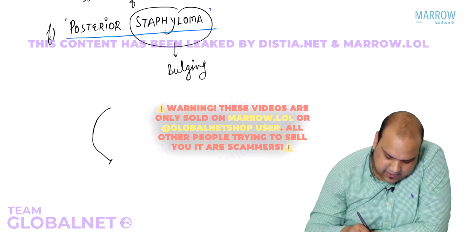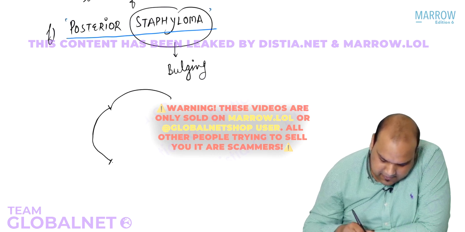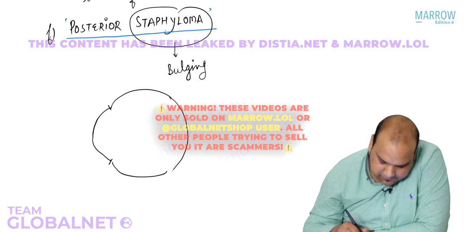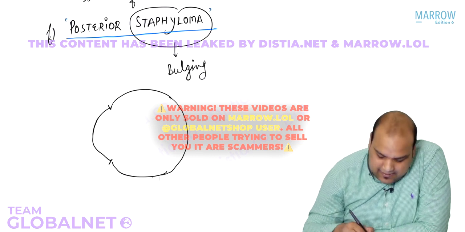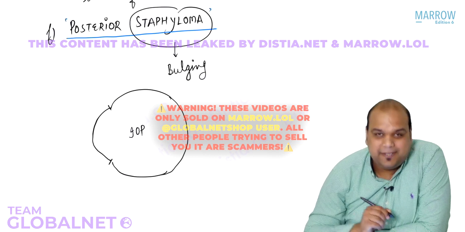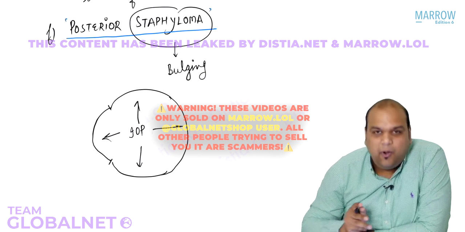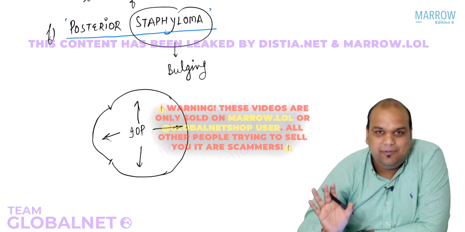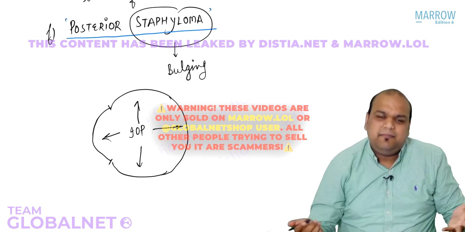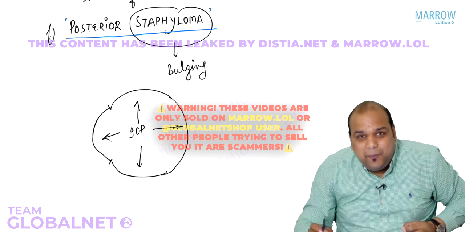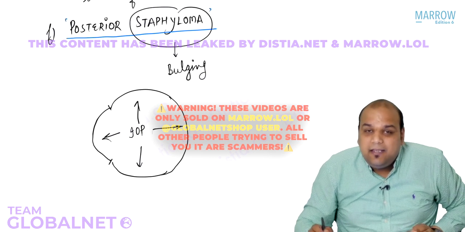If I say this is my cornea, limbus, this is my sclera. Okay. Inside the eye, there is intraocular pressure, IOP. The pressure is pushing in all directions. Yes or no? It is trying to push everything. Now, what is occurring in myopia? Axial length is increasing.